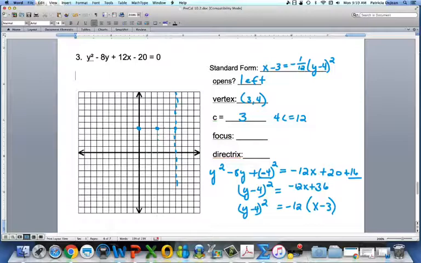So our directrix is going to be at x equals 6. Okay, and our focus is going to be at (0, 4). So 2 times 3 is 6, so 6 spaces up and down from our focus. 1, 2, 3, 4, 5, 6 up, and 1, 2, 3, 4, 5, 6 down. It gives us our extra points that we need to graph our parabola.